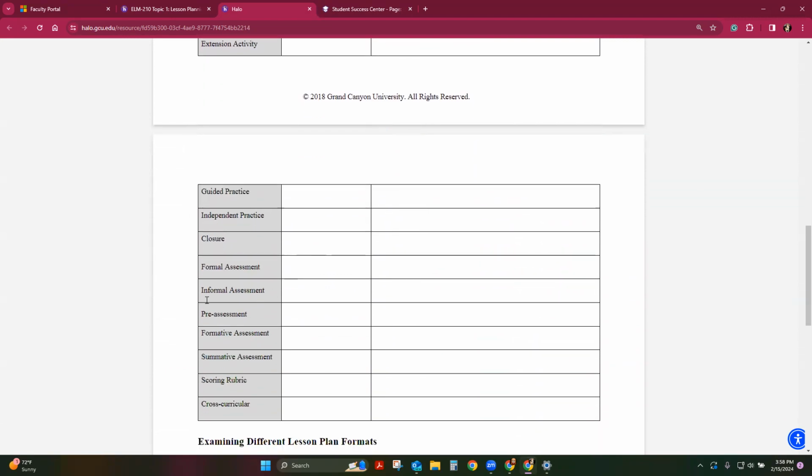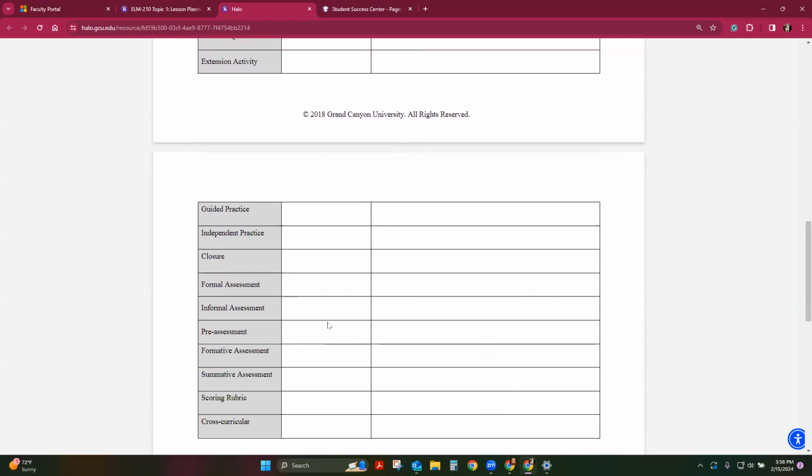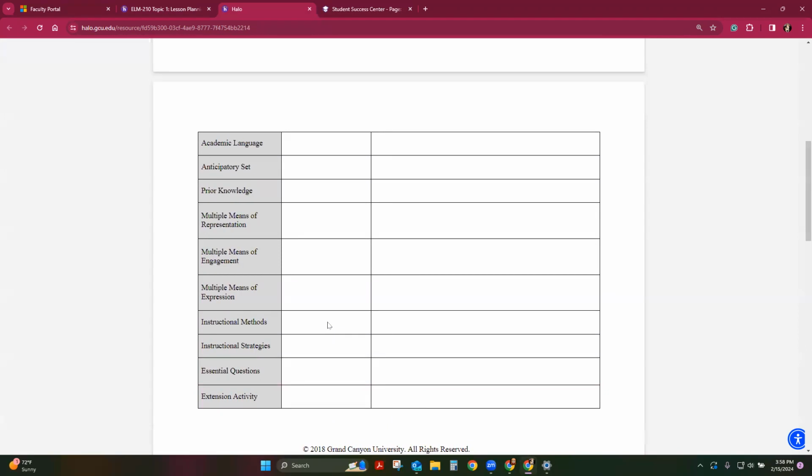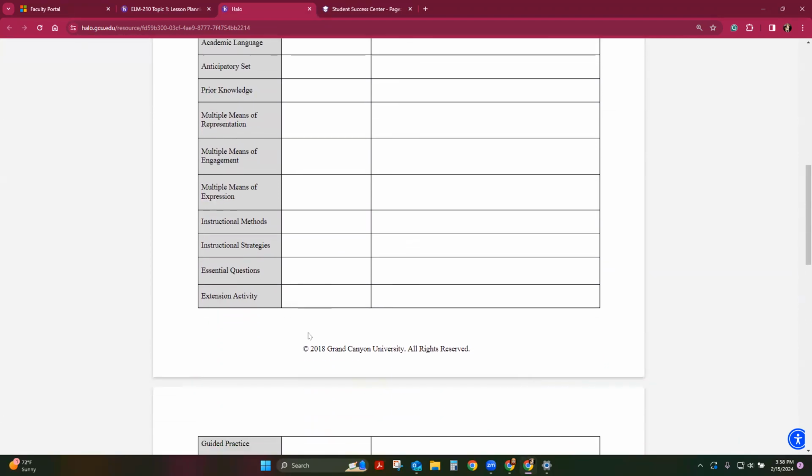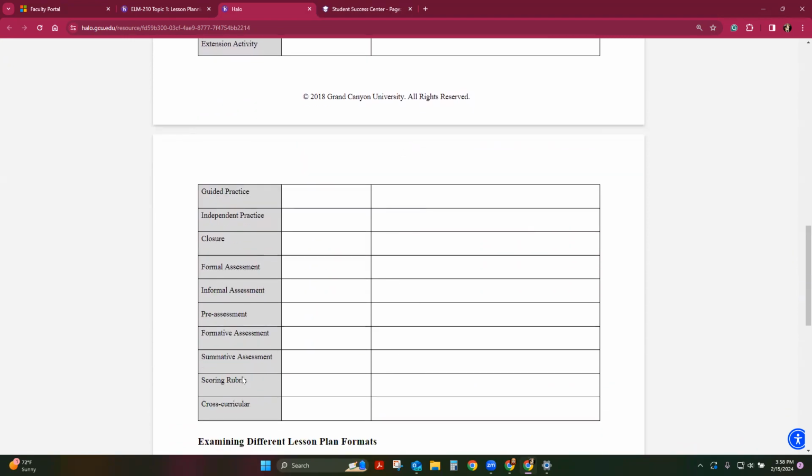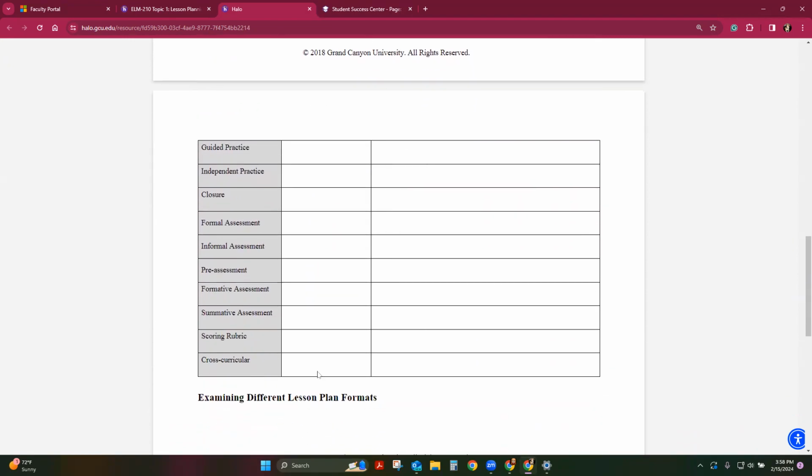So if you don't find all of these within the book, you can look in the lesson plan, which explains what each of these are. Additionally, you can Google these items as well and find definitions and what they mean that way, but start with our resources within the course.